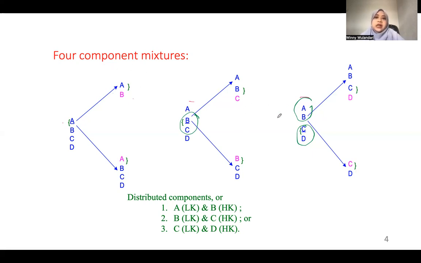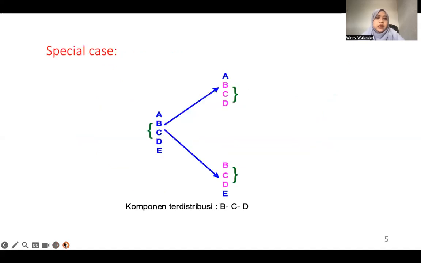If, let's say, you want both A and B on the top, and C and D at the bottom, then you may consider the separation between B and C. Okay, there is also a special case where B, C, and D are really distributed. In this case, B, C, and D are distributed in both the distillate and the bottom product.